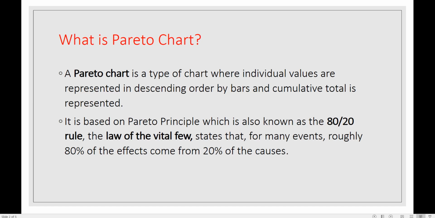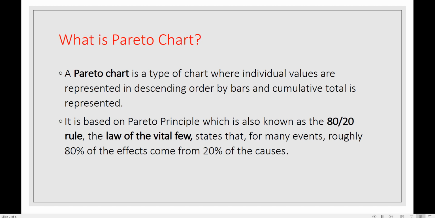The Pareto chart was invented by the Italian economist Vilfredo Pareto, who found that in England about 80% of the wealth is owned by 20% of the population. This principle can be applied to various scenarios.